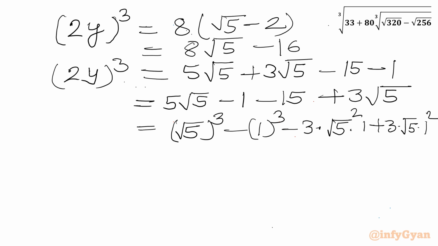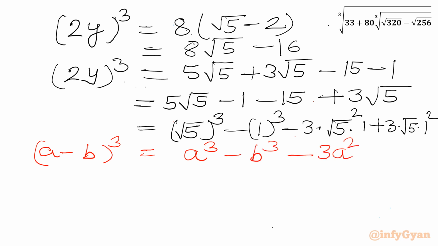So this is replicating one identity from algebra, a minus b whole cube. It is equal to, you can see, a cube minus b cube minus 3a square b plus 3ab square. So if you notice RHS, it is matching with our identity's RHS.